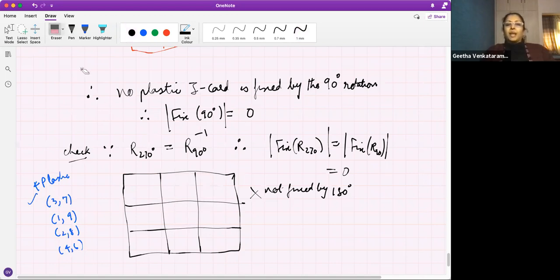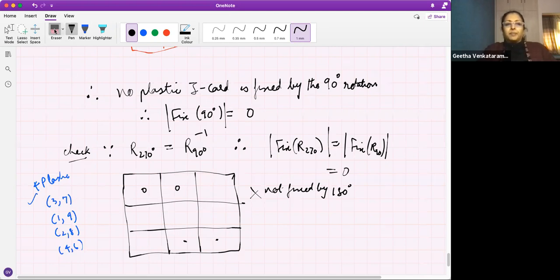Apart from that, what else is left? You're going to have situations, say like this, and you can clearly see that when you do a 180-degree rotation, you'll end up with things here and here, right? So you can actually go through each one of them, or you can make the argument in a slightly better way.